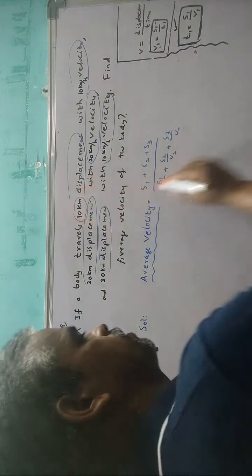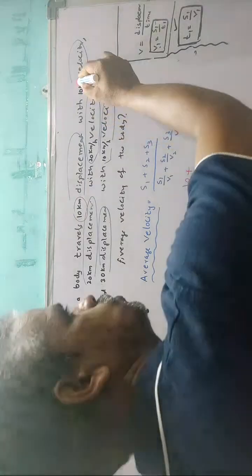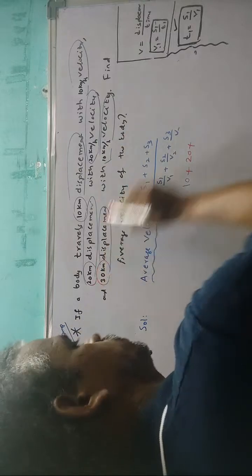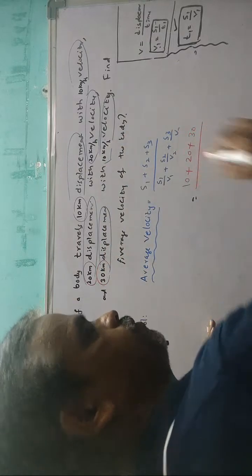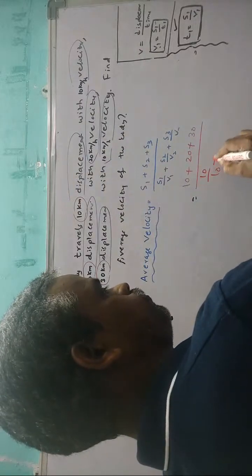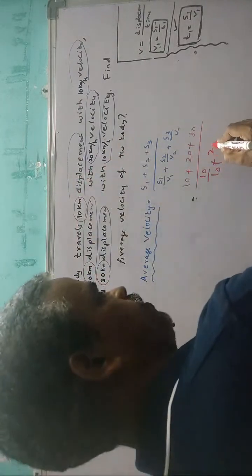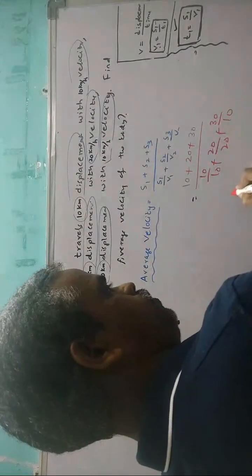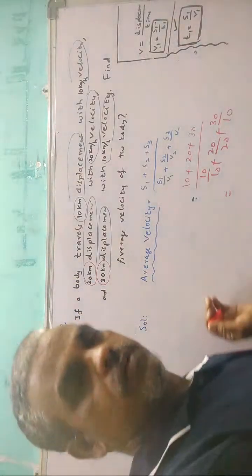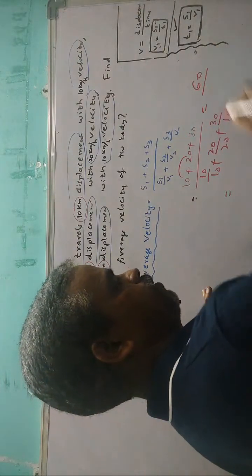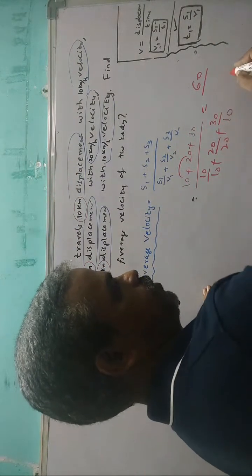S1 10, S2 20, S3 30. Velocity V1 10, 10 by 10. Next 20 by 20, 30 by 10. Is it? Come on, do it fast. 10 plus 20 plus 30 is 60, by average.